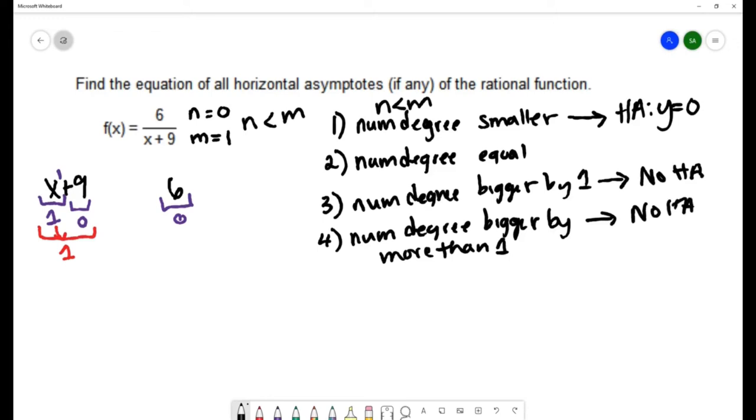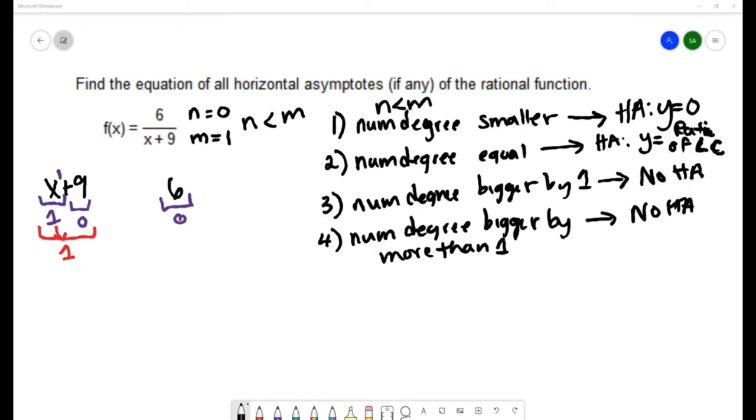So in both of those cases, the numerator degree is bigger, and there's no horizontal asymptote. And in the case where they're equal to each other, you have a horizontal asymptote, and you have to do a little calculation. It's going to be y equals the ratio of the leading coefficients. That's an LC, leading coefficients.